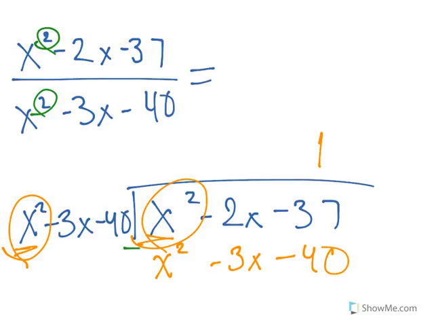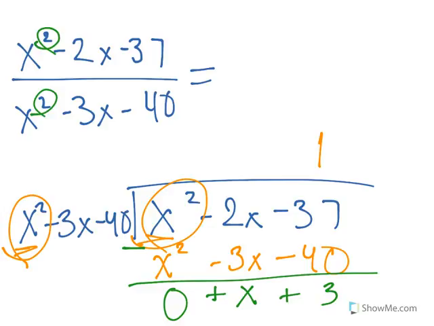Let me use another color so it's easier to see. And so we get 0. Negative 2x minus negative 3x is positive x. Negative 37 minus negative 40 is positive 3. So as you can see, we do not need to continue since x has degree of 1 and x squared has degree of 2.